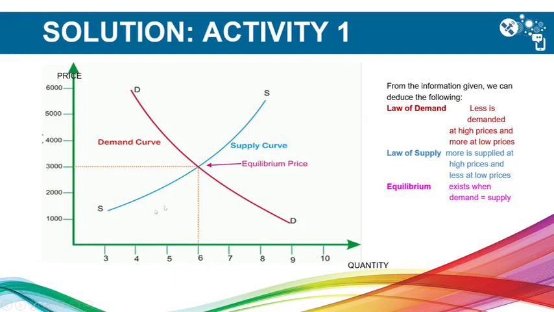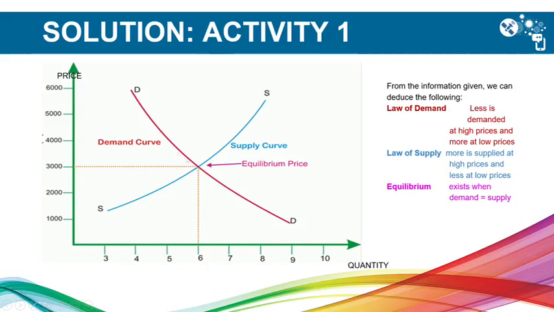If we look at the supply curve, on the other hand, we see that at 1,000 Rand, there are 3 units being supplied, whereas at about 6,000 Rand, we have about 9 units being supplied. And at 3,000, we also have 6 units being supplied. So what we notice here is opposite to what's happening with the demand.